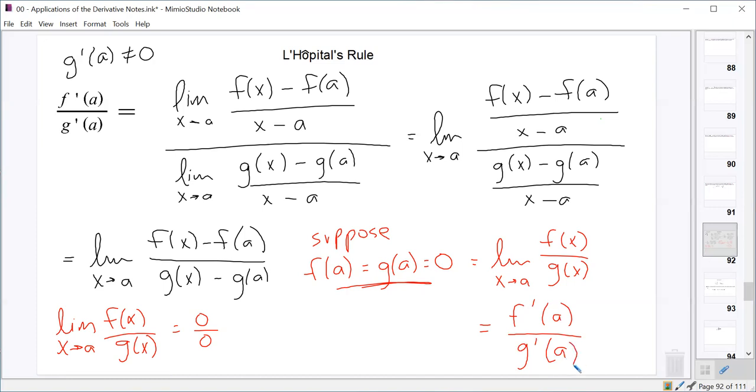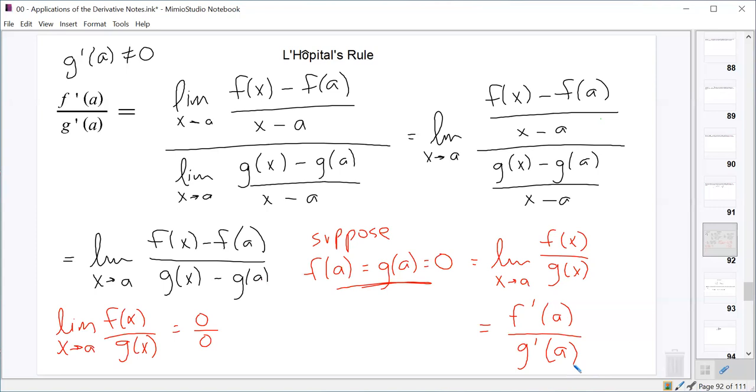And we know, since these functions are differentiable, we can assume that f prime and g prime are both going to be continuous functions because we were saying at the beginning that f and g are differentiable functions.